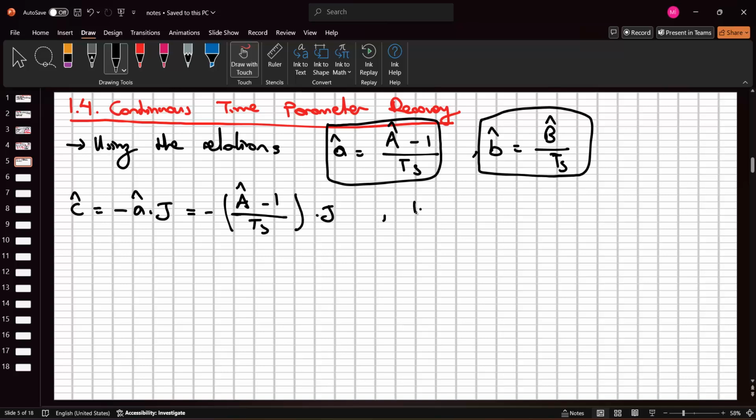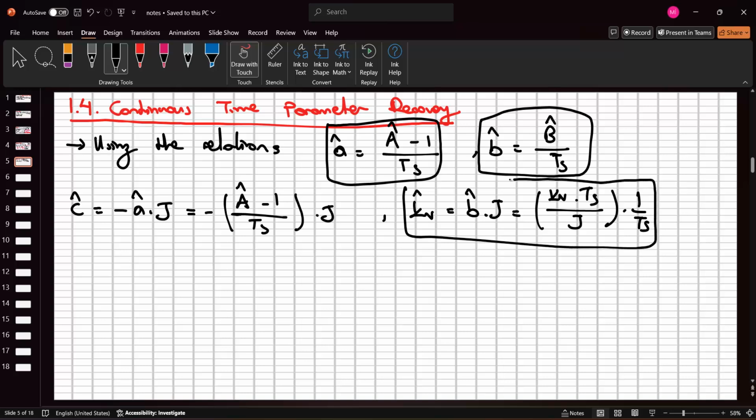And also Kv, the electrical parameter, equals b hat times J, which equals Kv times Ts divided by J. It's coming from these terms, and times 1 divided by Ts, okay?